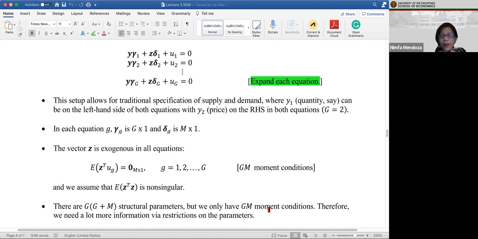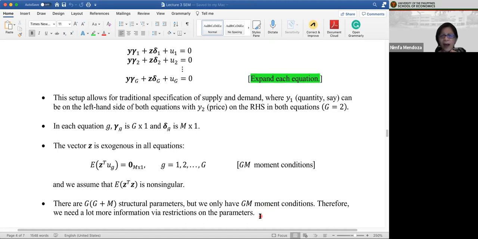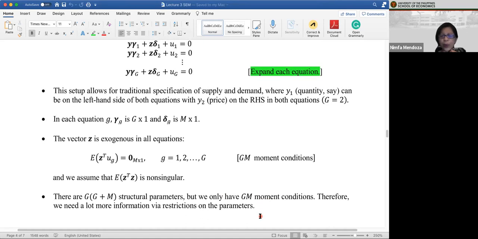That means that we need to put in some restrictions on the parameters in order to estimate the structural parameters. Basically, we're putting in more information via those restrictions.